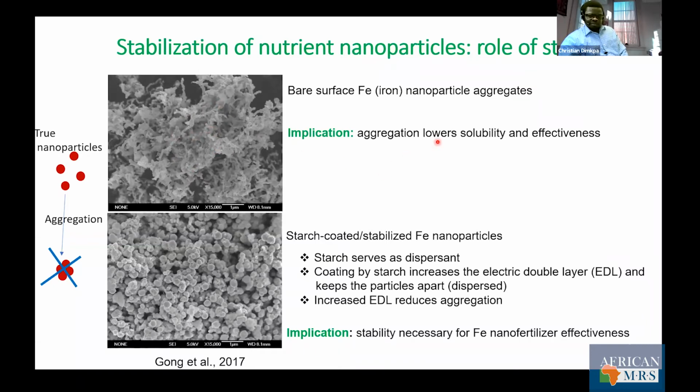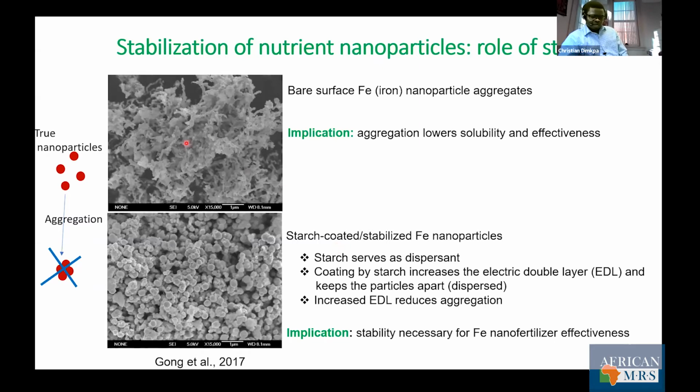Just by adding starch, the starch served as a dispersant to separate the particles, and by so doing it increases the electrical double layer, which is something that keeps the particles apart. If the EDL is low, particles will come together and aggregate. But just by adding starch, you cause a dispersing effect, and that reduces the aggregation.